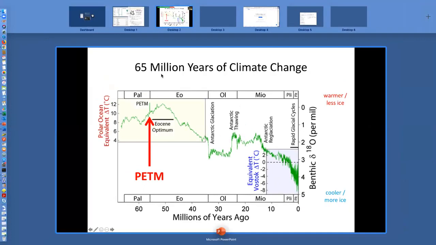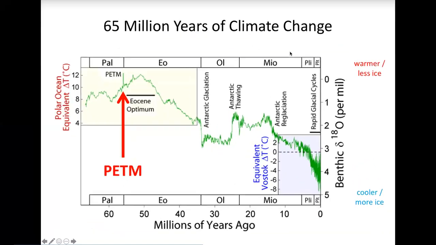It's shown on this scale by an oxygen isotopic measure, where when you go upwards on this axis, the world was warmer and or had less ice. When you go down, it was cooler and or you had more ice. So there's been considerable change across Cenozoic time, but much of it happened relatively gradually.